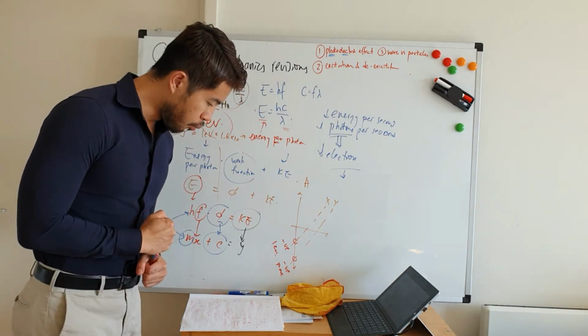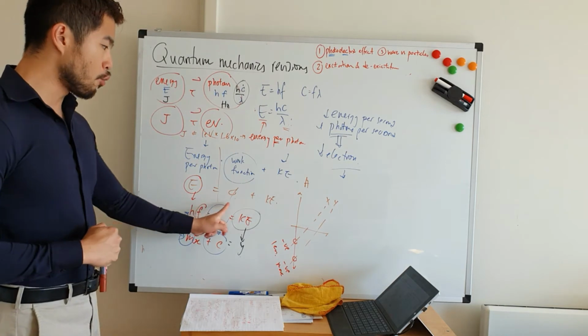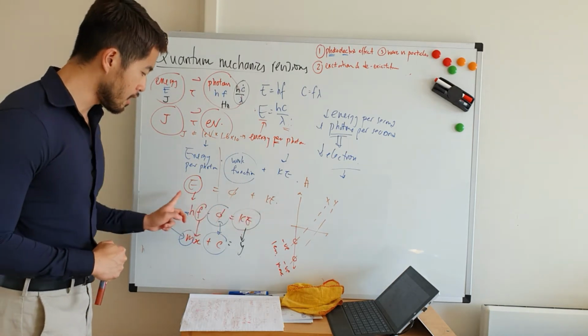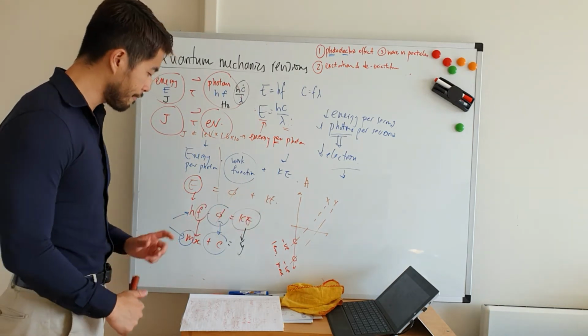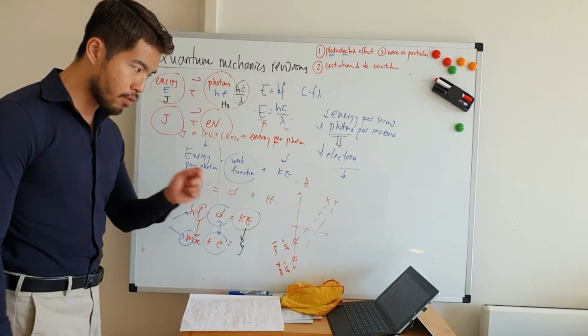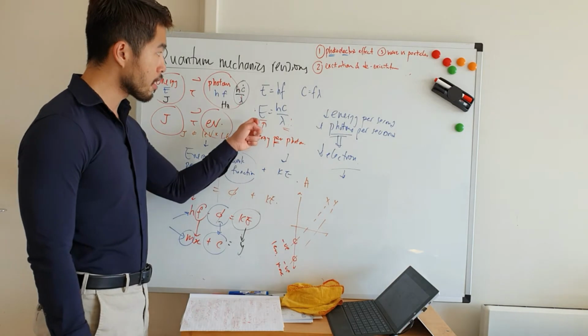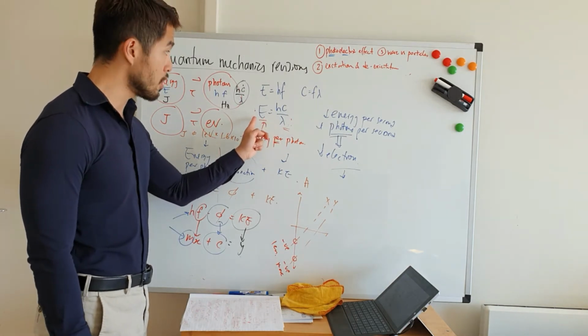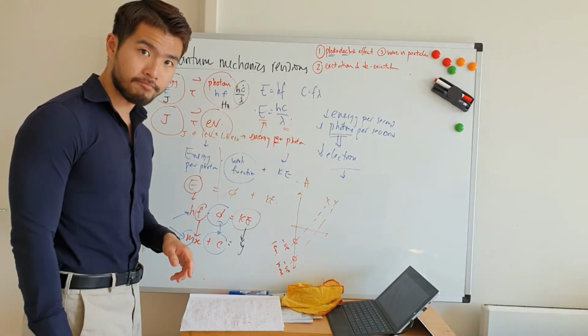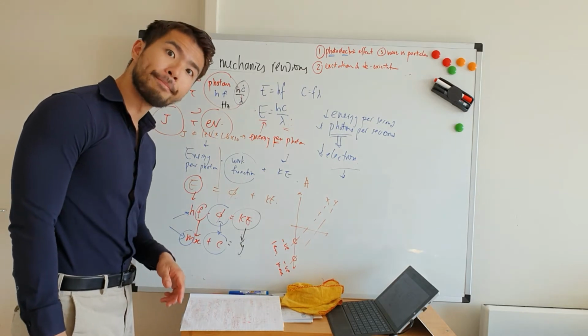And also, E equals work function plus KE. E is h times f, but the question did not give you f. What did it give you? It gives you lambda, so you need to use E equals hc over lambda instead. Try.